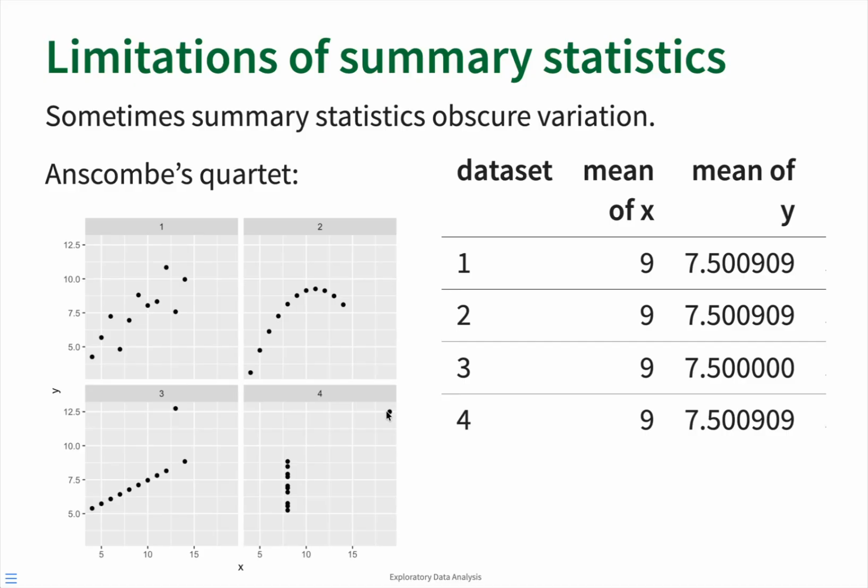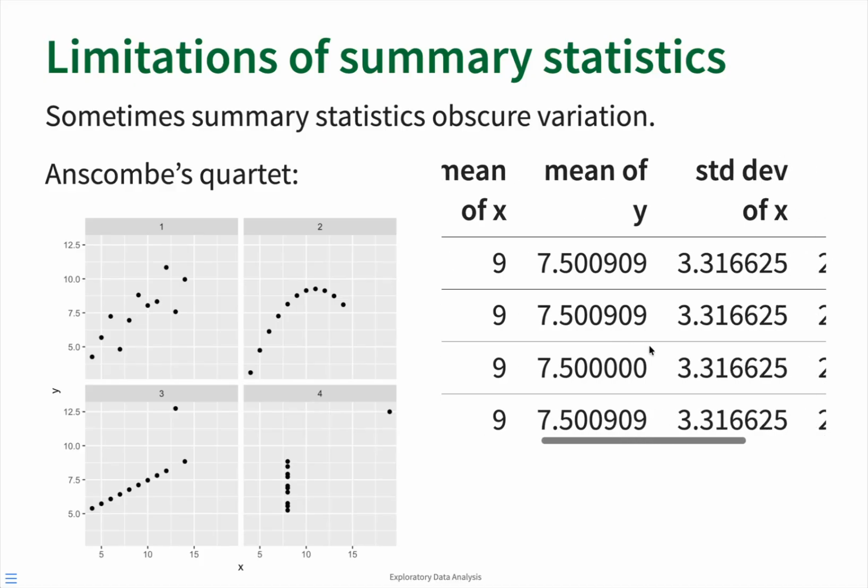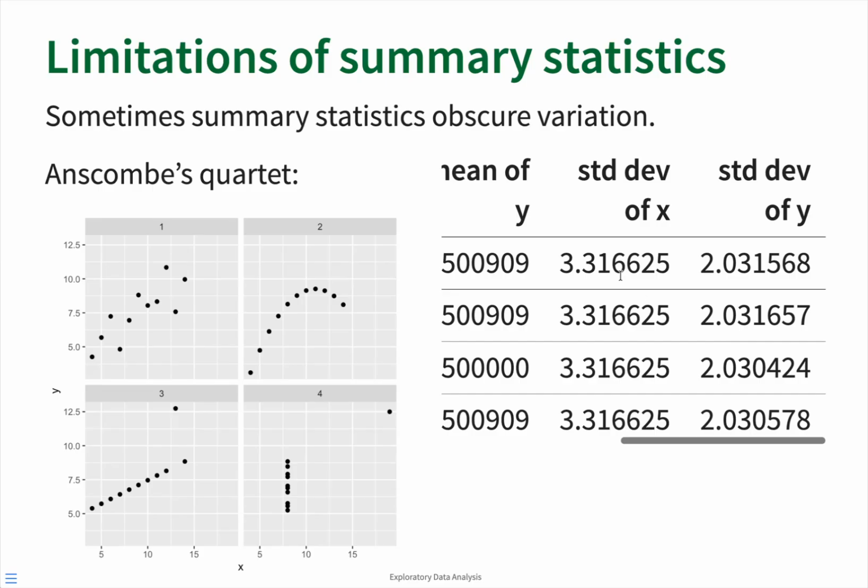So you would look at the graphs here and you would think, oh, these are very different patterns. But if you were actually to calculate the mean and the standard deviation of each of these 4 data sets, what you would find is that all the numbers are the same, even though the data clearly has very different patterns. And similarly, for the standard deviation, these are essentially the same for both the X and Y columns for each of the 4 data sets.